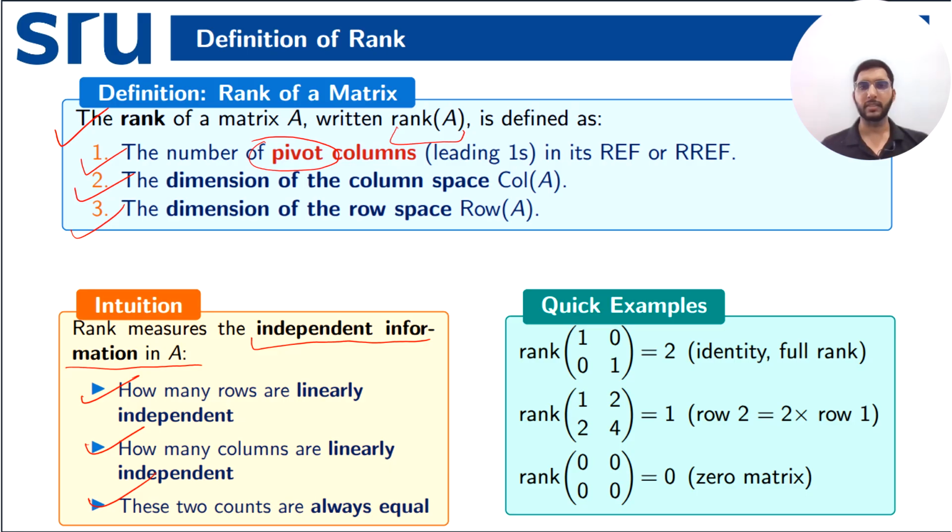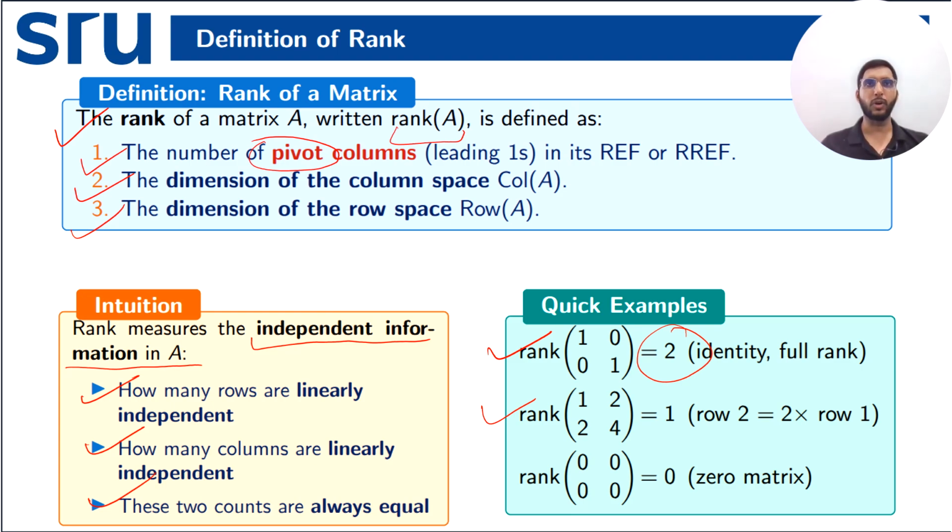Consider this matrix, 1 0 0 1, in which both the rows are independent. Rows as well as columns are independent. So the rank is 2 here. But in the second matrix, 1 2 2 4, if you multiply the first row by 2, it becomes equal to the second row.